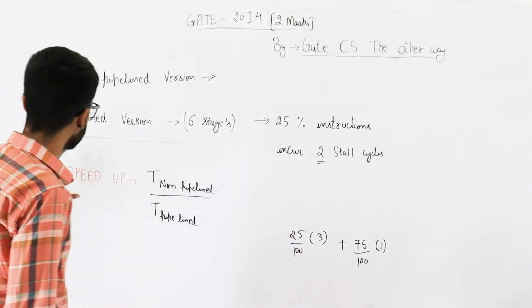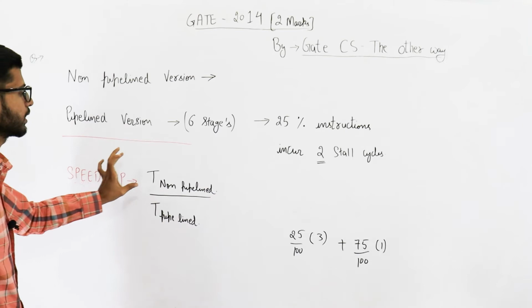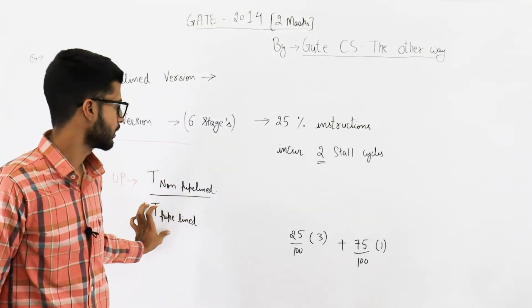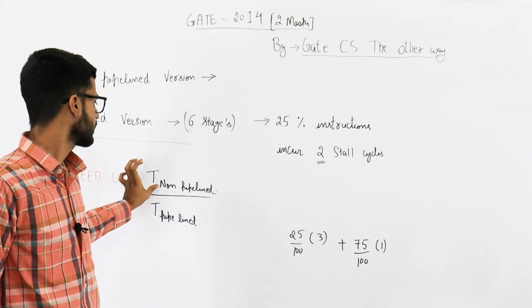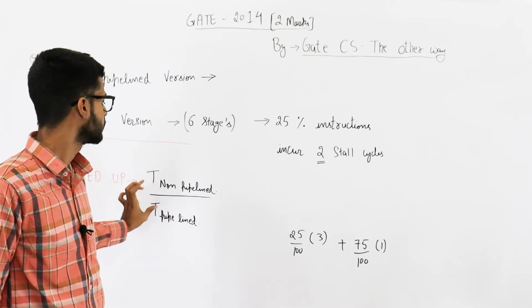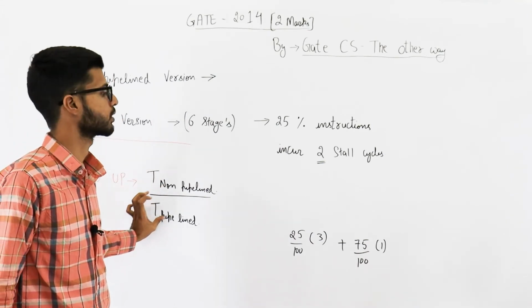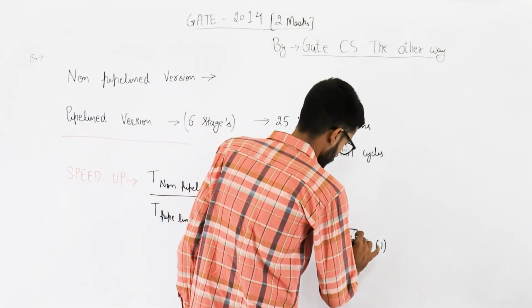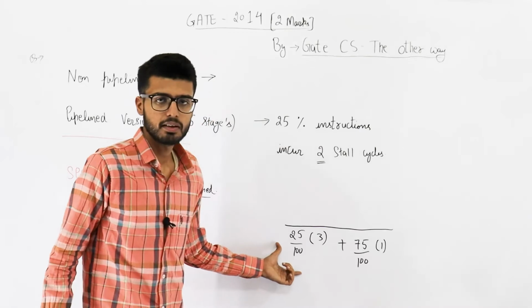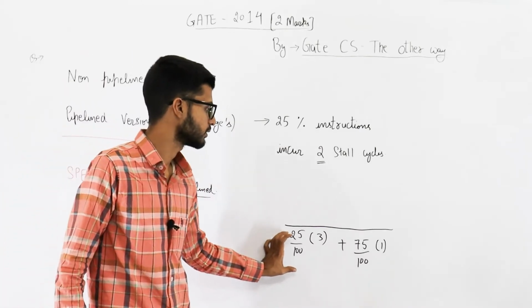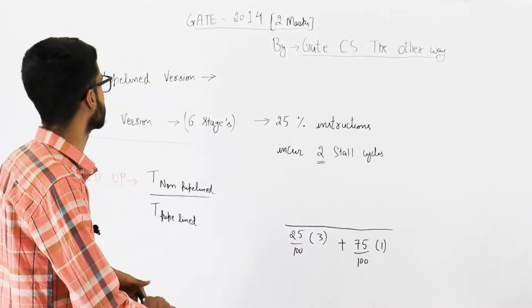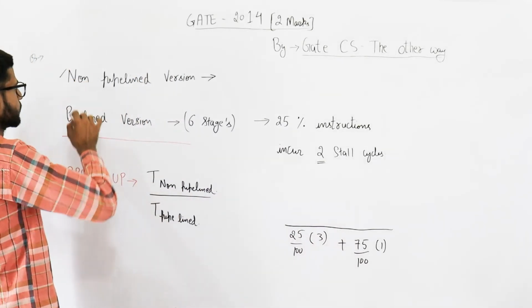Now, you see the formula for speedup is time taken by non-pipelined processor divided by time taken by pipelined processor, or time taken by older version by time taken by latest version. Now, this is time taken by the pipelined processor. We need to calculate time taken by non-pipelined processor, this version.